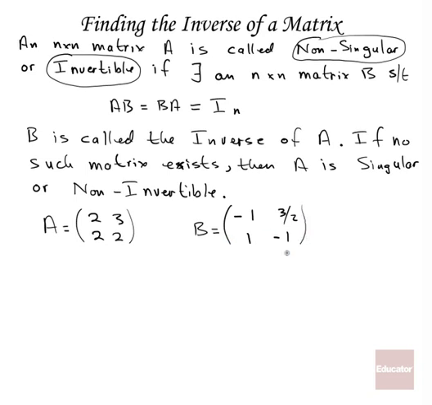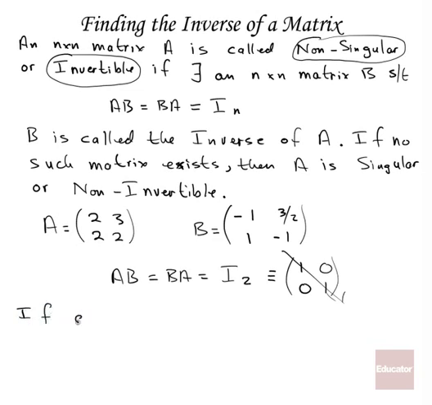So there are two matrices, A and B. Well, when we actually multiply A times B, and when we multiply B times A, and remember, matrix multiplication does not commute, so they're not necessarily equal, but in this case, AB does equal BA, and they both happen to equal the identity matrix, which is equivalent to this thing, 1, 0, 0, 1. Again, a matrix with 1s along the main diagonal.